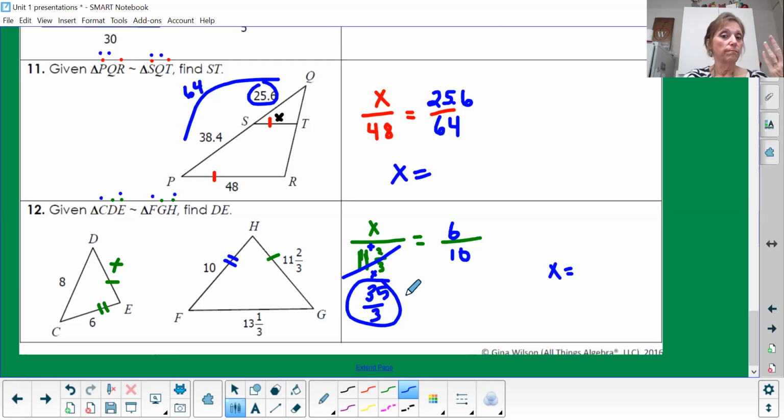Okay, so go with me. Put 35 divided by 3. I'm going to do the same thing. 35 divided by 3, and then times 6, and I get 70. And then divide by 10, and I get 7. So the answer is 7.